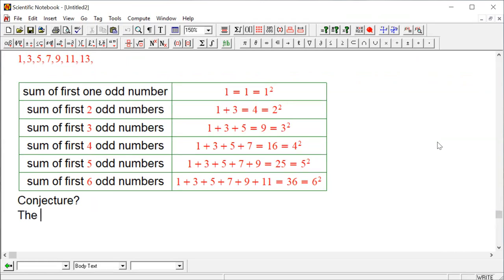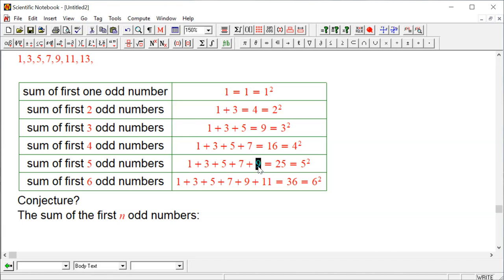The sum of the first 5 odd numbers is going to be 1 plus 3 plus 5 plus 7 plus 9.